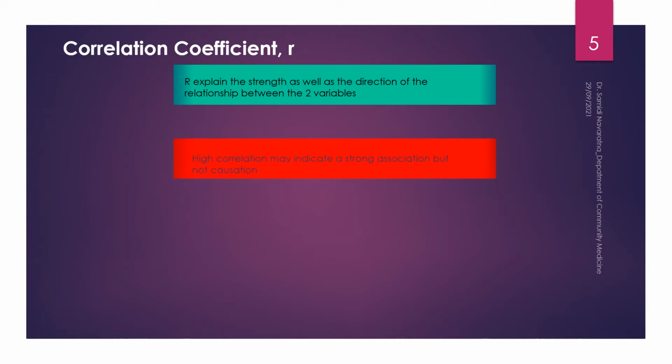The second thing you need to keep in mind is that high correlation may indicate a strong association but not causation, because sometimes you need to take the complexity of interrelationships into account, particularly when interpreting the results.